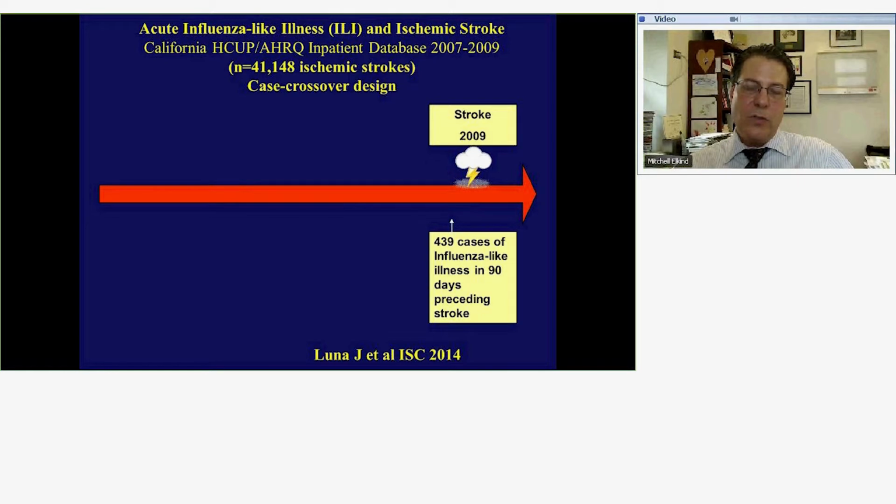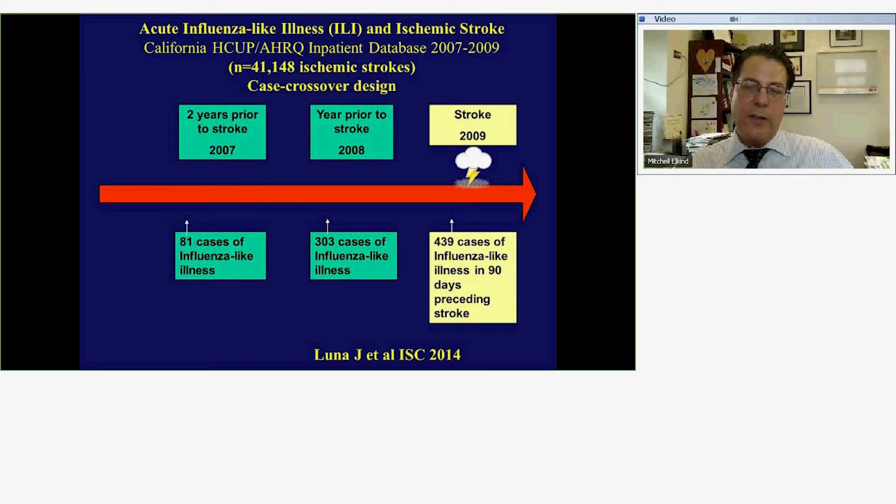He looked at those who had strokes in the year 2009, and then looked at 1 year prior, using these 90-day time windows, and 1 year prior to that, and looked for episodes of influenza-like illness, which is what our CDC uses to identify people with the flu, and found a higher prevalence of influenza-like illness in the 90 days prior to people having their stroke than in the 2 years prior.